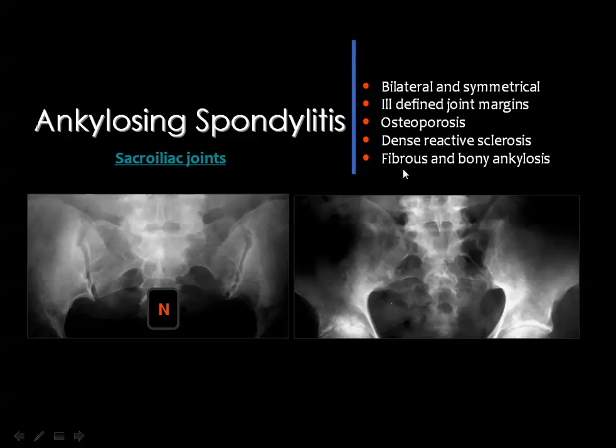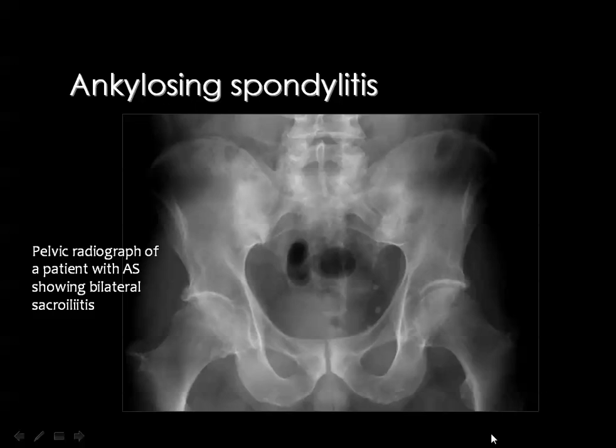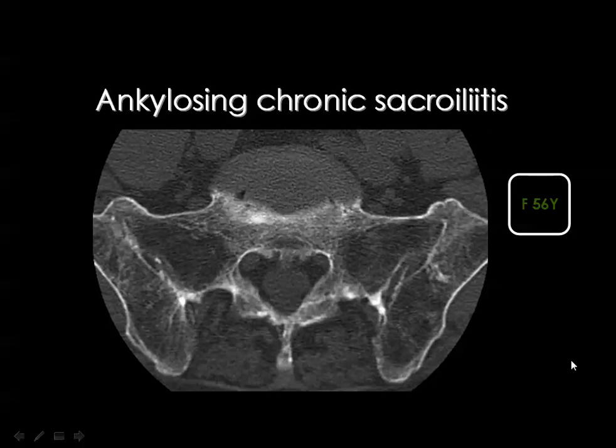Then later on you get ankylosis of the joint, early by fibrous tissue and late by bone. Here you still appreciate the presence of some of the joint space bilaterally, but it's easy to see the loss of the joint space and the bone sclerosis on either side of the joint space as well.